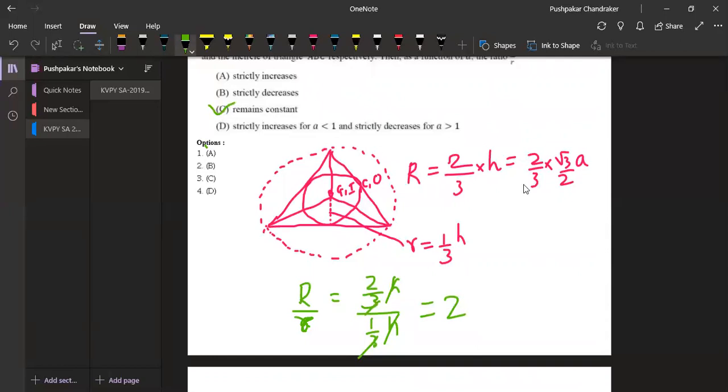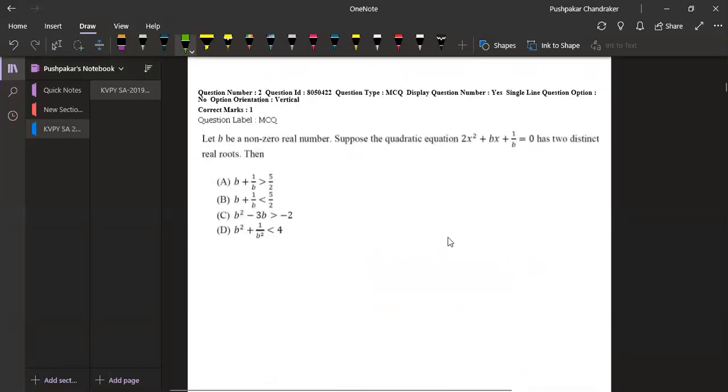Remains constant. Okay, let us go to question number 2. Question number 2 is based on quadratic equation. b is a non-zero real number and the quadratic has 2 distinct roots. So we know the condition for 2 distinct roots: the discriminant should be greater than 0.